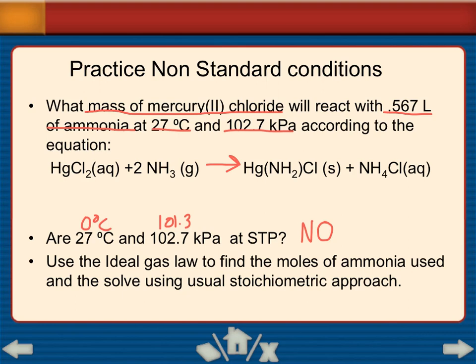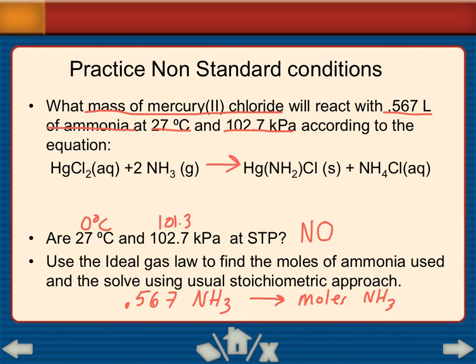So what we're going to do then is to take the volume of ammonia that's being used and eventually convert that into moles of ammonia. Once we find the moles of ammonia, we can plug it into the ideal gas law.